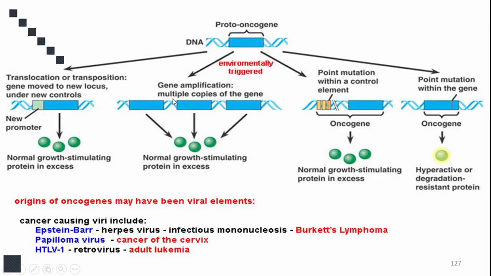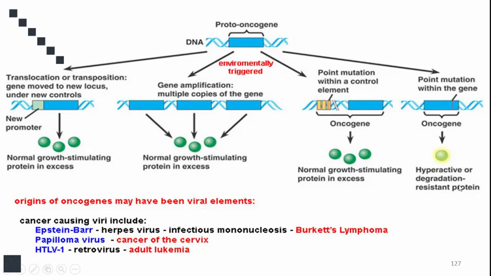Then there is gene amplification, multiple copies of the gene, normal growth stimulating protein in excess. And then the other one is point mutation within the control region, oncogene, normal growth stimulating protein in excess. And then point mutation within the gene, oncogene, hyperactive or degradation resistant protein.